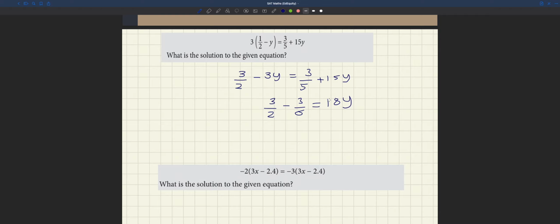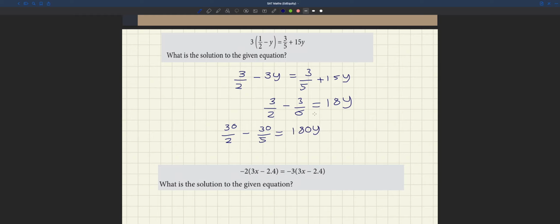Typically, an equation is easier to solve if we eliminate the fractions. To do this, let's multiply both sides of 3 over 2 minus 3 over 5 equals 18y by 10, which is the least common multiple of the denominators 2 and 5. So by multiplying by 10, this gives us 30 over 2 minus 30 over 5 equals 180y.